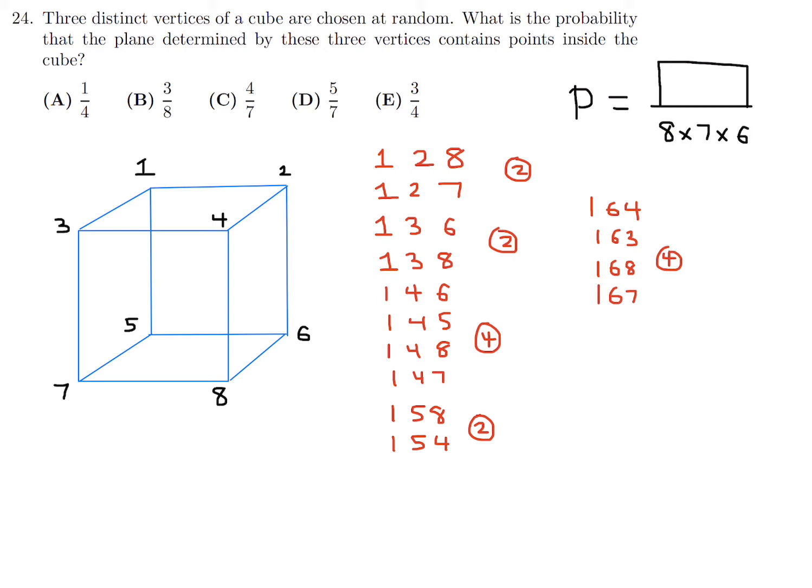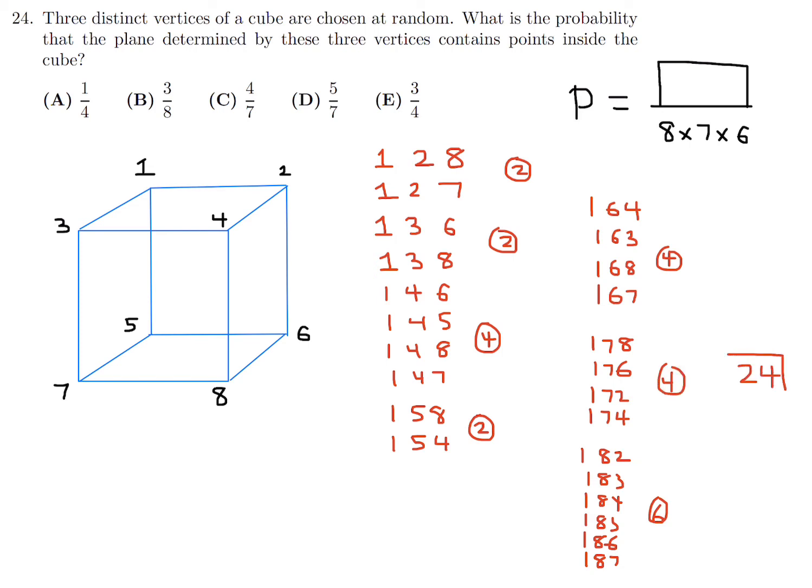And then for 7, we have another 4: 1, 7, 8, 1, 7, 6, 1, 7, 2, and 1, 7, 4. And finally for 8, we've got 6 of them: 1, 8, 2, 1, 8, 3, 1, 8, 4, 1, 8, 5, 1, 8, 6, and 1, 8, 7. So you add all these up, and when you do, you get a grand total of 24.